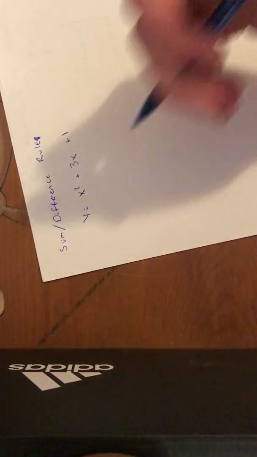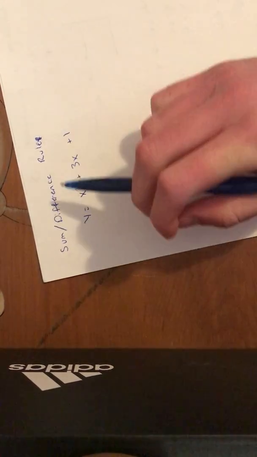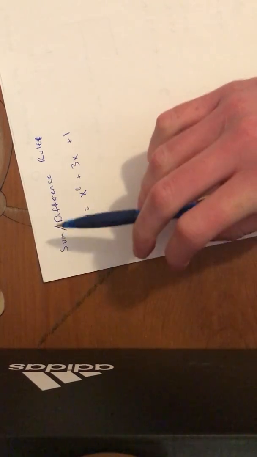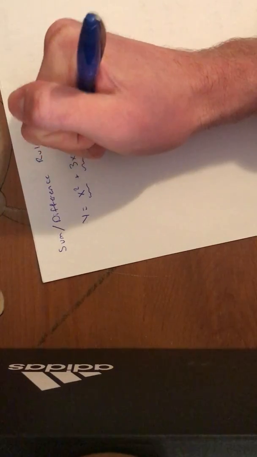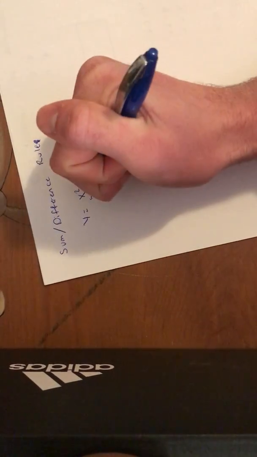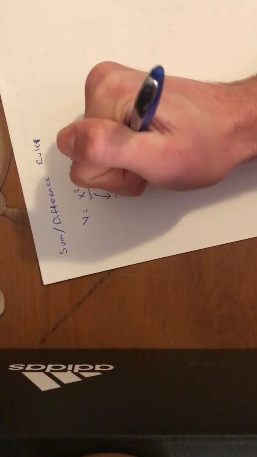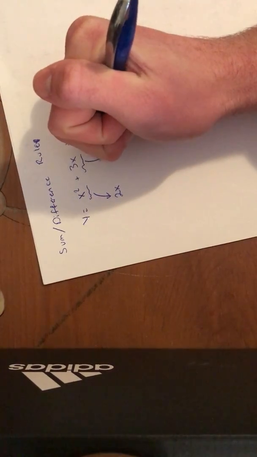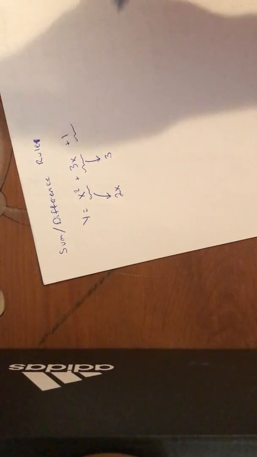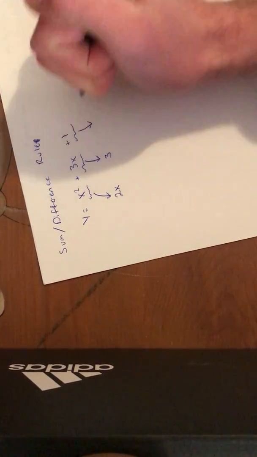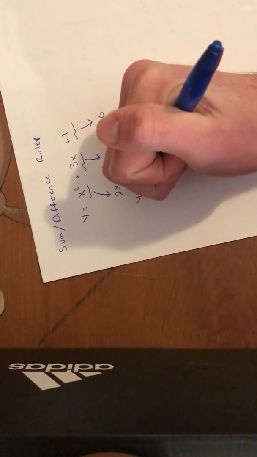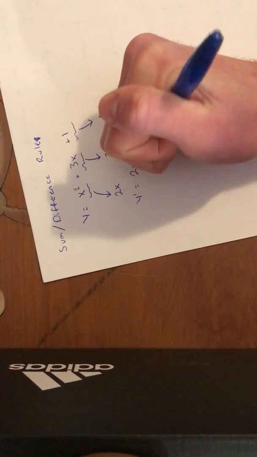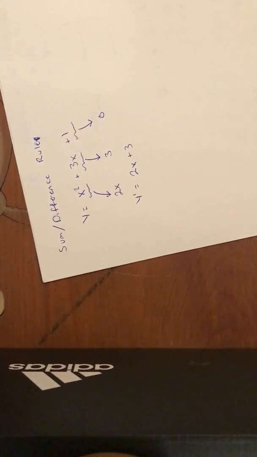When I have addition or subtraction in the equation, I can break it up into steps. So the derivative of this is 2x, we just did that. The derivative of this is 3, and the derivative of this is 0, because it's just a number. So y prime is 2x plus 3.